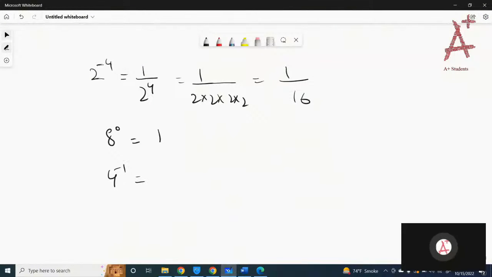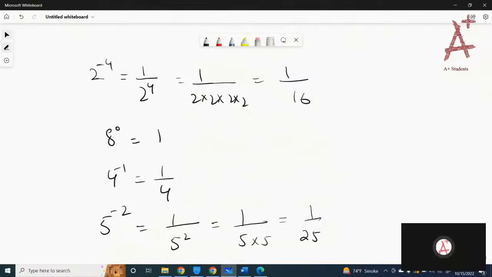Again, you can make the power positive by writing it in the denominator. So it would be 1 over 4. Got it? Then you have 5 exponent negative 2. It would be 1 divided by 5 exponent 2, and it would be 1 over 5 times 5, 1 over 25. Got it?